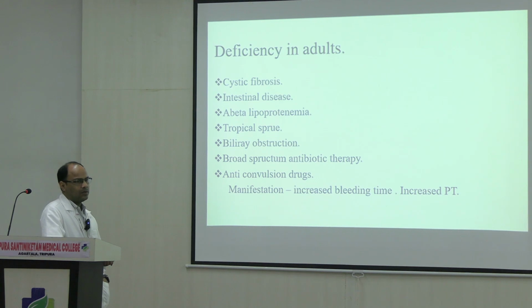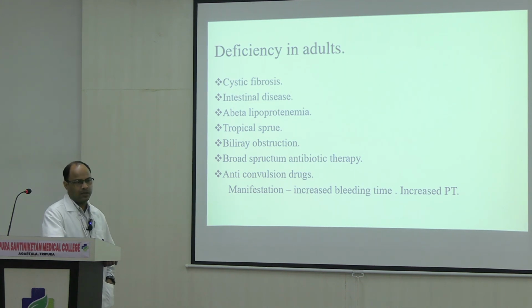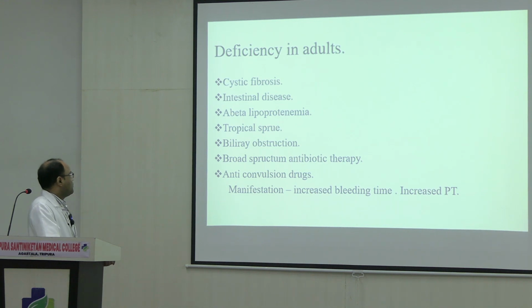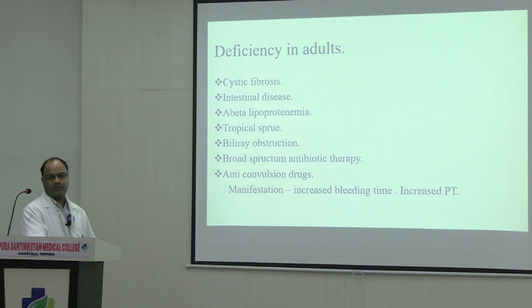It eventually causes vitamin K deficiency as well, like cystic fibrosis, intestinal disease, abetalipoproteinemia, tropical sprue, overgrowth of bacteria in the intestinal lumen, and biliary obstruction. Another thing is broad spectrum antibiotic therapy. A patient taking broad spectrum antibiotics for a prolonged time can eventually develop vitamin K deficiency, especially ICU patients.